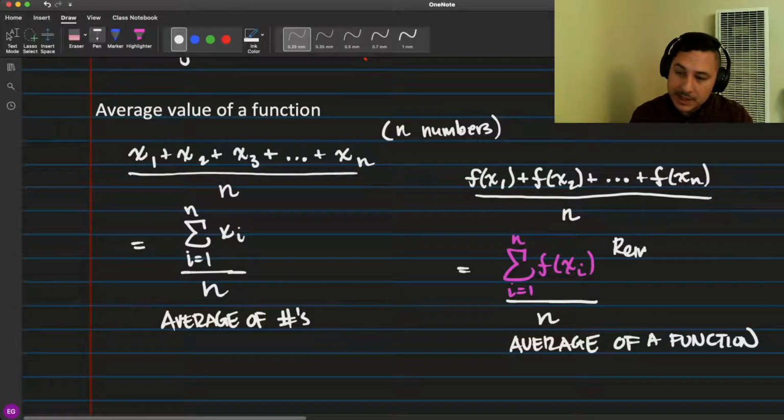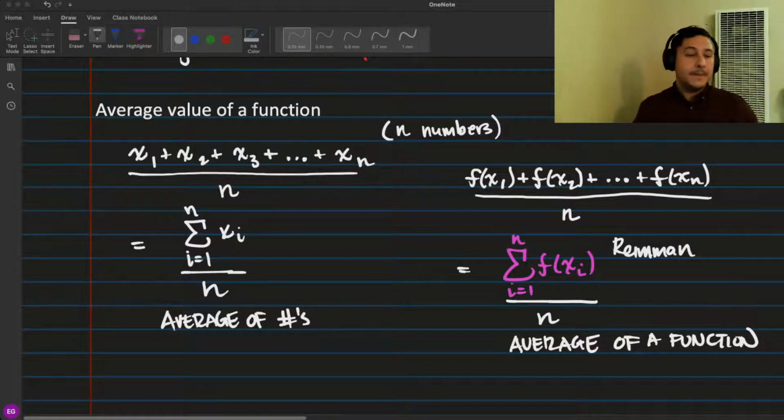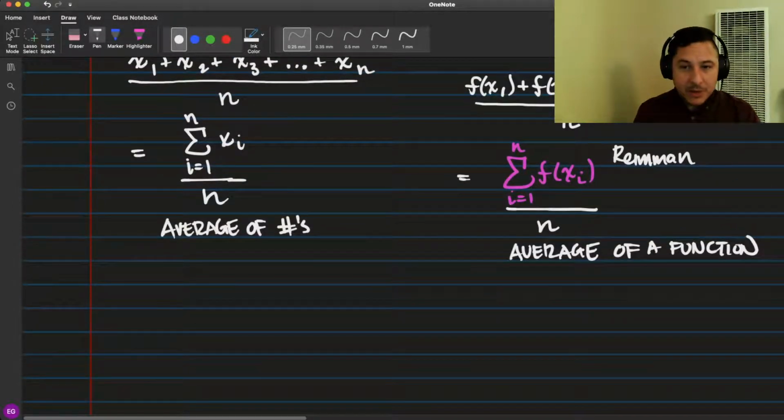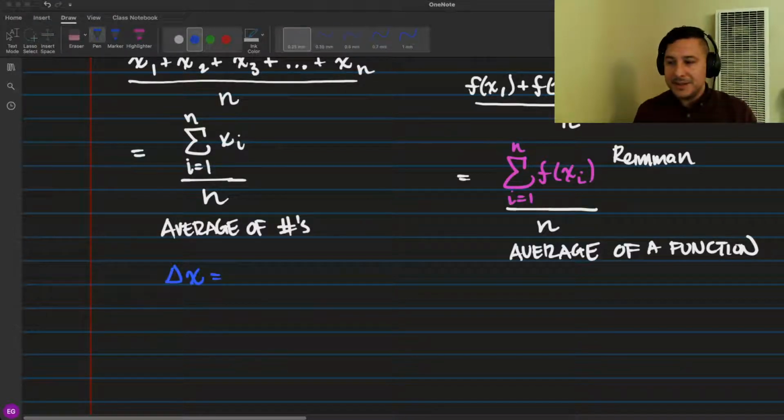So this looks like a Riemann sum. What's it missing, though? Yeah, it's missing the delta x. And actually, you can sort of add it in there. Because what is delta x equal to? Do we remember the formula for delta x?